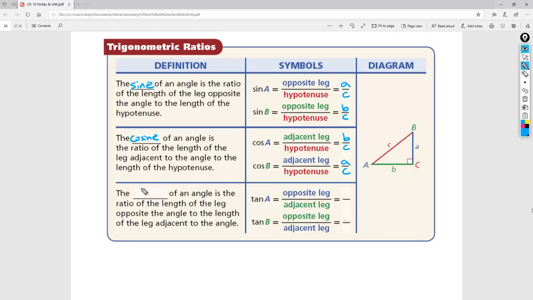Okay, and then last one is tangent. Okay, so the tangent of an angle is the ratio of the length of the leg opposite to the length of the leg adjacent.